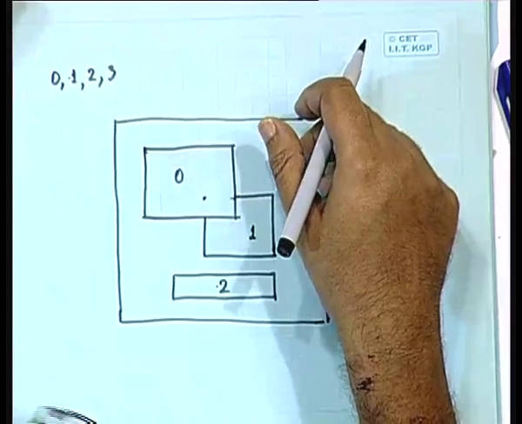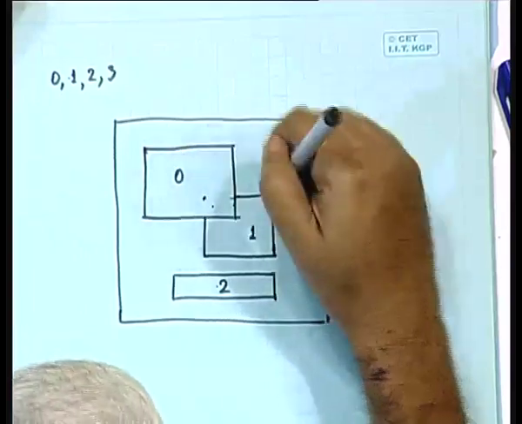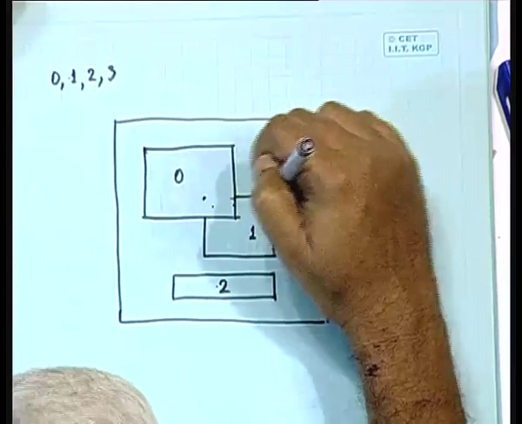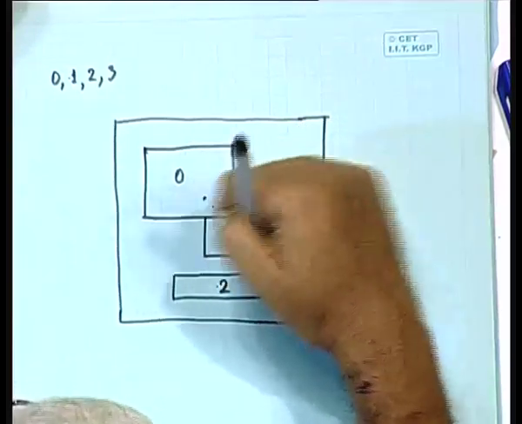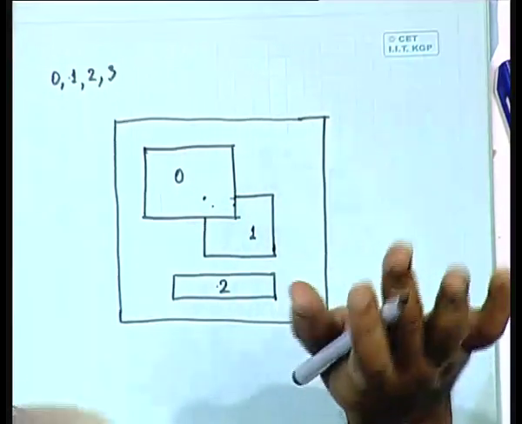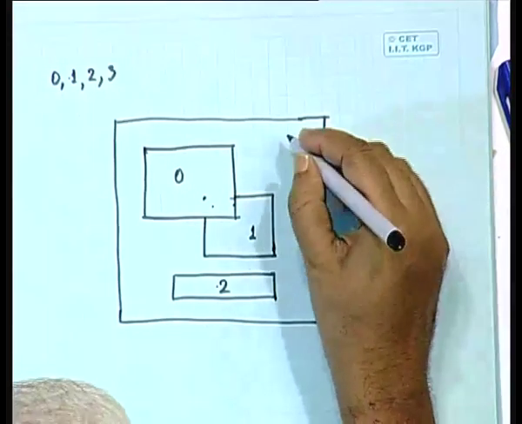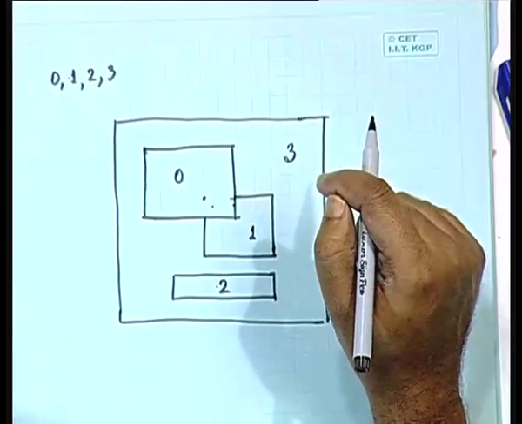So, these macro blocks will be under group number 0 and the rest of the macro blocks will be group number 1, this will be group number 2, and all the remaining macro blocks, of course they are not in raster scan order anymore, will be labeled as slice group 3.